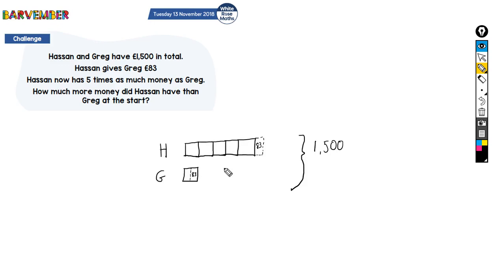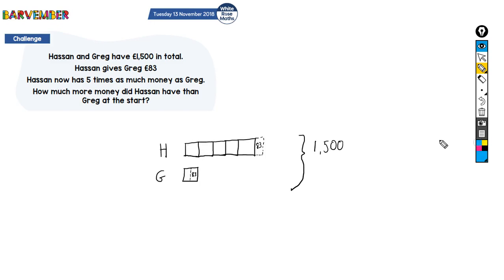So how much more money did Hassan have than Greg at the start? Okay, so let's have a look. There's 1,500 in here. If we can just find out therefore what one of these is.